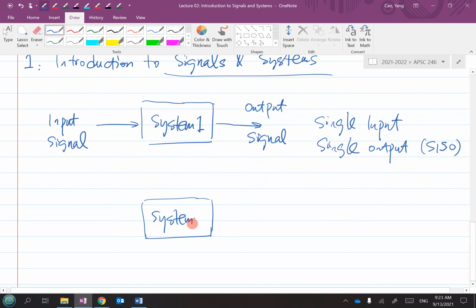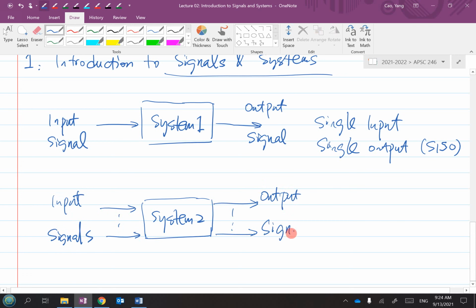Of course, a more realistic or more complicated system can certainly have more input signals, so there are more inputs to the system, and you can certainly have more output signals.